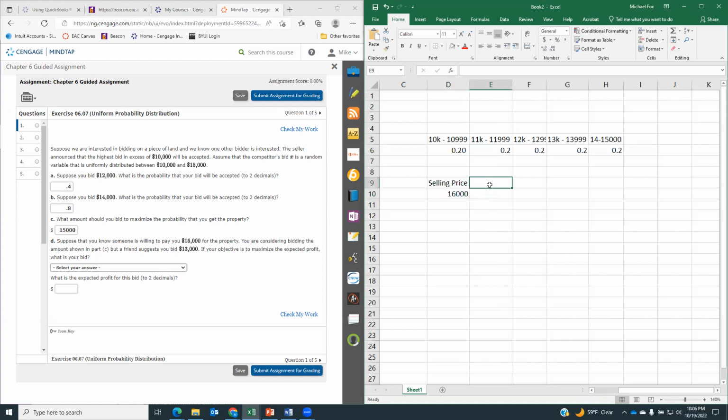And then our purchase price, which is what we're trying to figure out is the best one, could be anywhere between 10,000, 11,000... And actually, it can't be 10,000, right? Because it says in excess of 10,000. So we're just going to get rid of that one.